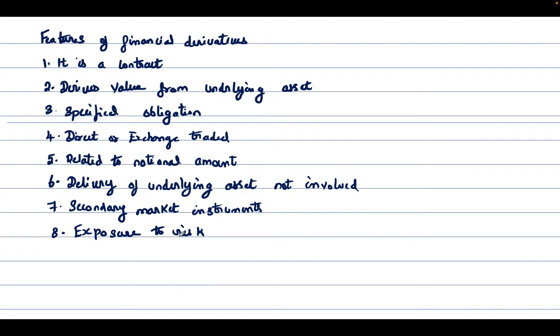Sometimes it is directly traded. In some cases, it is customized and directly traded. And in other cases, it is traded only in exchanges. And it relates to a notional amount, and delivering of the underlying asset is not involved in a derivatives contract.